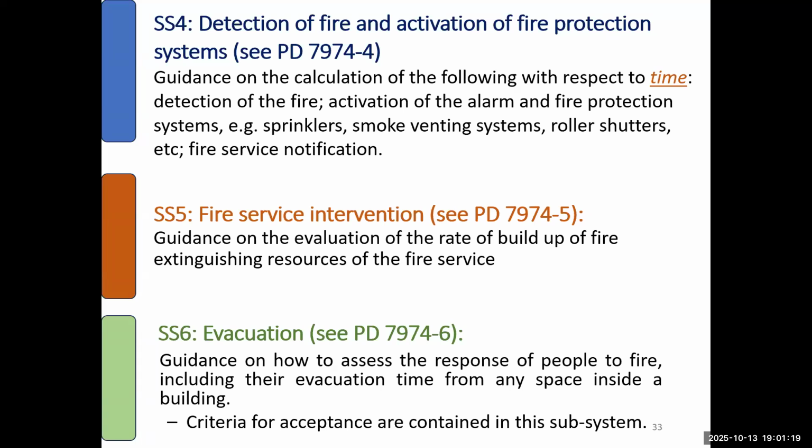It is important to know that the criteria for acceptance are contained in the subsystems. All these subsystems give us clear guidance from the fire ignition to the evacuation, and they construct our whole quantitative analysis.